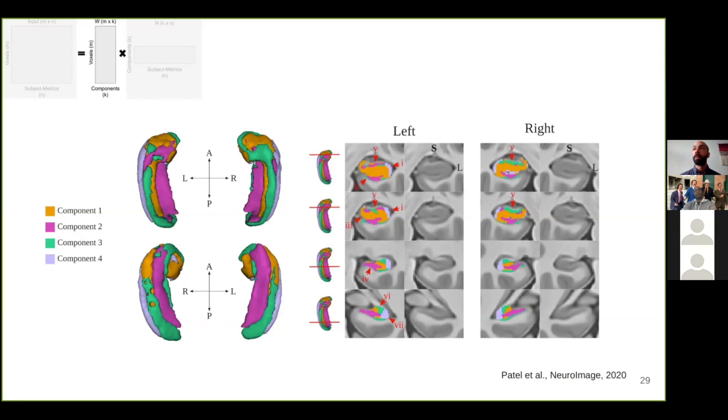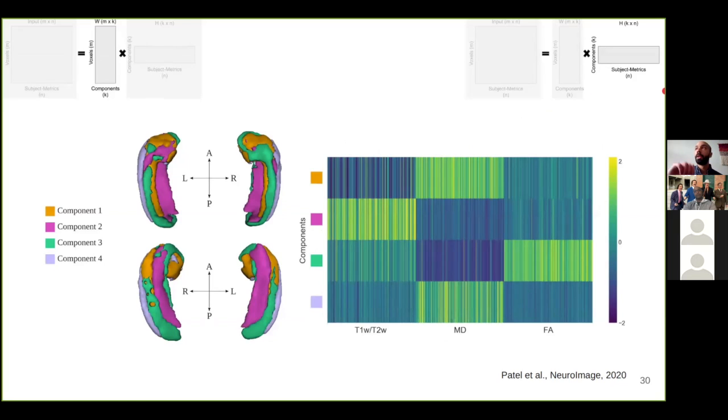And then we also have components, the pink and the green here, which look like subicular and CA1 areas. But then what we want to do is we want to use the weight matrix shown here on the right to actually tell us what's happening in each of the components. So in the weight matrix, that's 4 components by subject metric weightings, and I've added a little square here to tell you which component each row corresponds to.